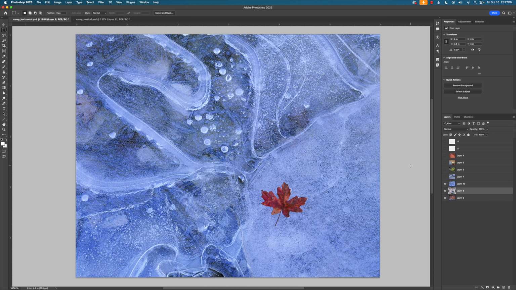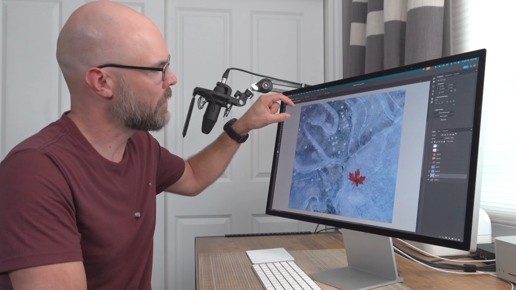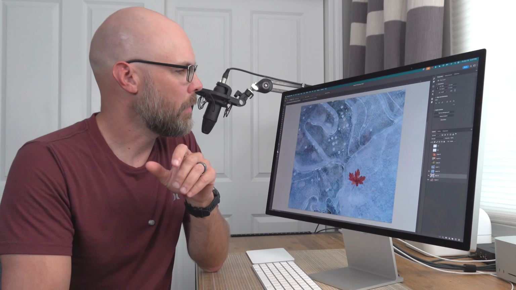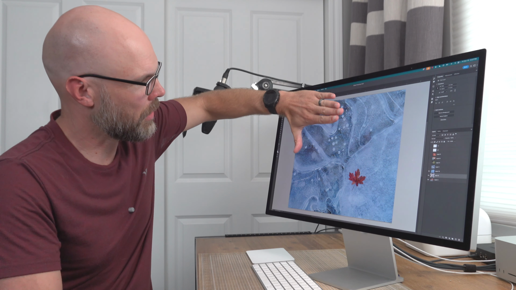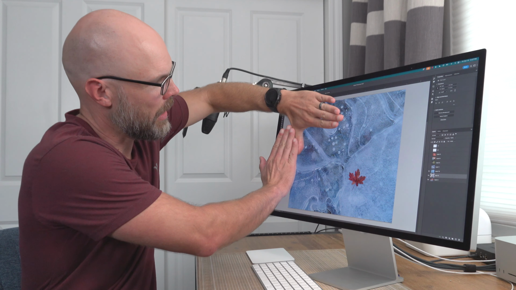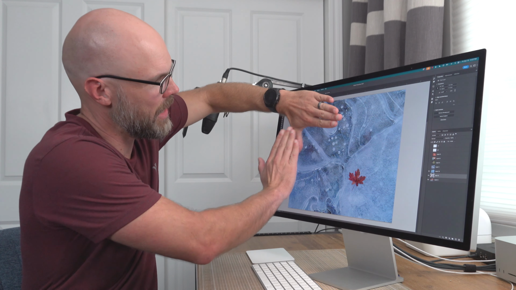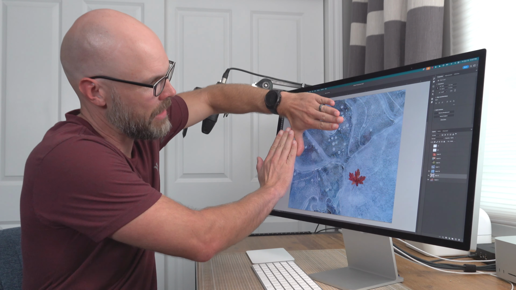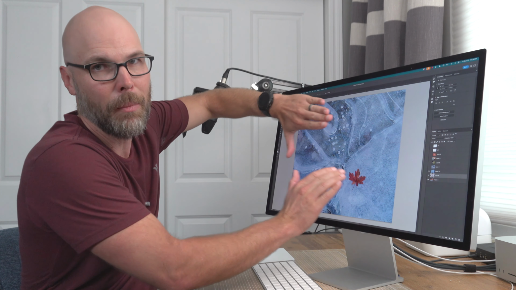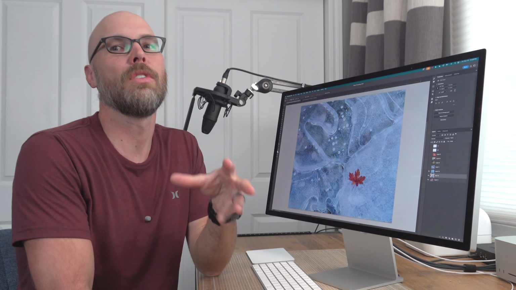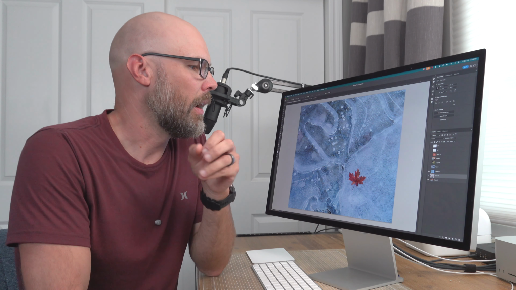So not only this line, which misses the corner, but also this shape, which also misses the corner. You could probably imagine that if the top corner of the composition was more in here, and this went straight out that corner, that is going to awkwardly steal attention away from the leaf there. So by having it miss the corner, we release that visual tension, which gives a calmer feeling.